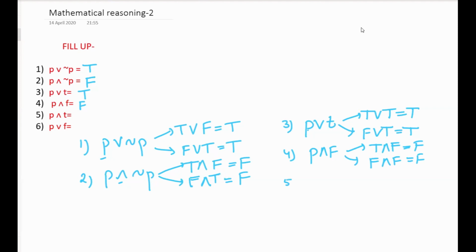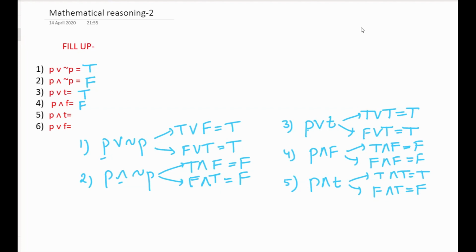Now the fifth case is P intersection T. That means the truth value of the second statement is given to us as T. Now we have two cases. If I take P true, then T intersection T is T. But if I take P false, then F intersection T is F, because false dominates, but if both statements are true, then true intersection true is true.